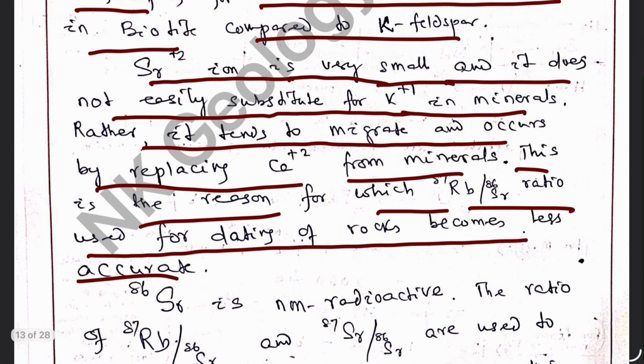becomes less accurate. Why? Some of the strontium is being lost because it replaces calcium. Because of this replacement, the rubidium-87 by strontium-86 ratio, which is used for dating of rocks, becomes less accurate.